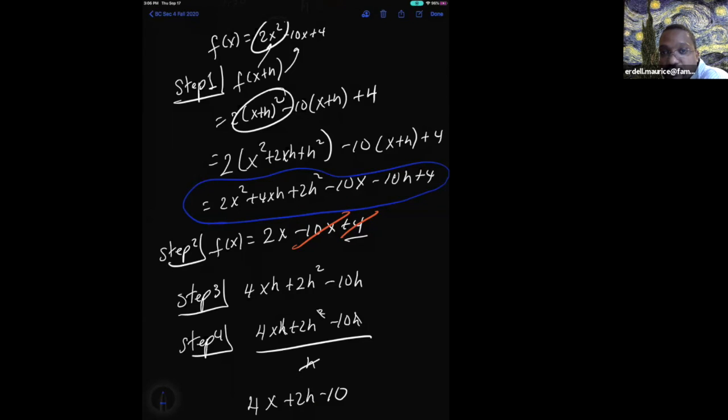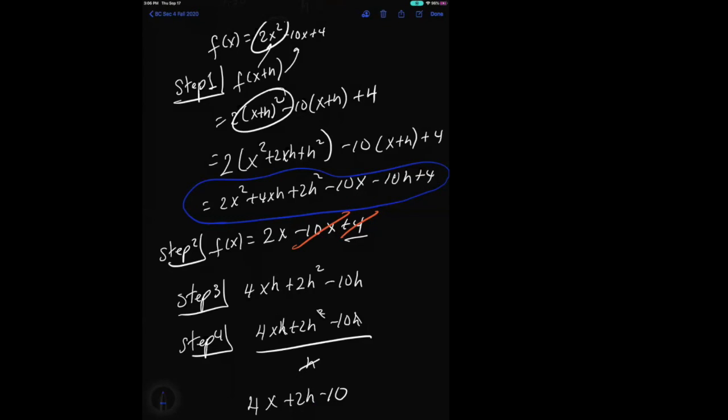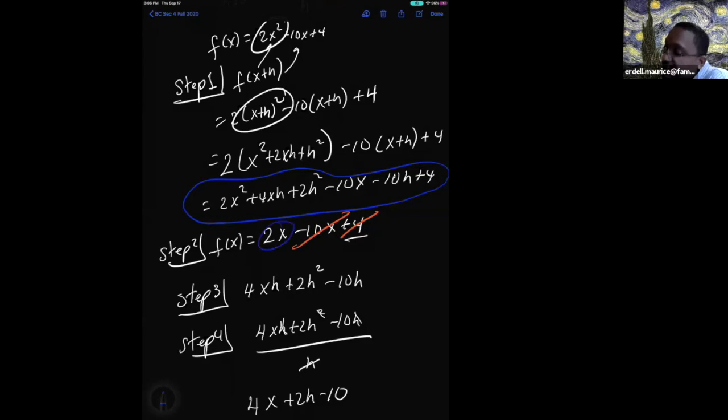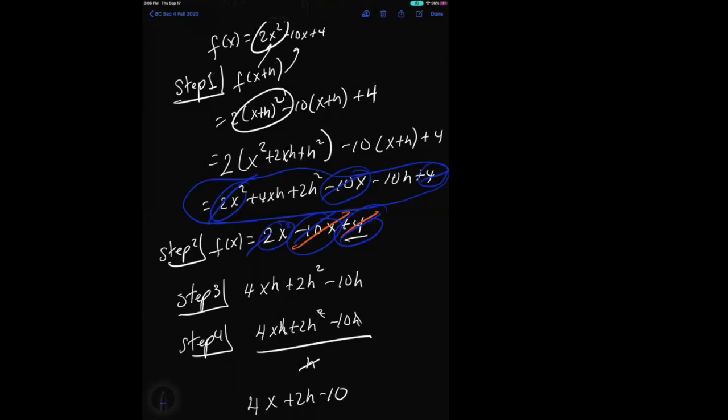Simply put, anything that does not have an h will get canceled out. This 2x squared right here will cancel out. The negative 10x and the negative 10x will cancel out. The 4 and the 4 will cancel out. Okay? Well, I didn't see that second 4 right there. That's why.